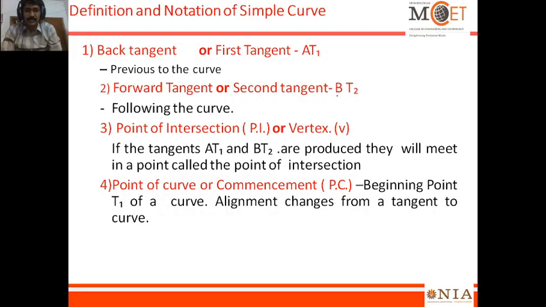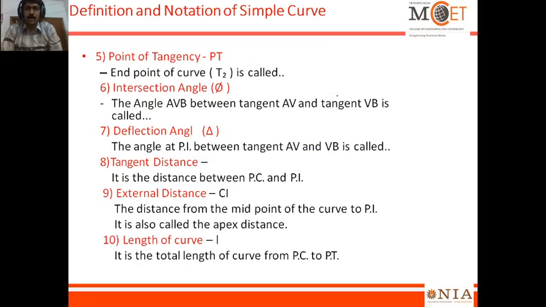The back tangent is the first tangent previous to the curve, and the forward tangent follows the curve. Point of intersection or vertex V: if the tangents AT1 and BT2 are produced, they will meet at a point called the point of intersection. Point of curve or commencement is the beginning point T1 of a curve, where the alignment changes from tangent to curve. Point of tangency is the end point of the curve.